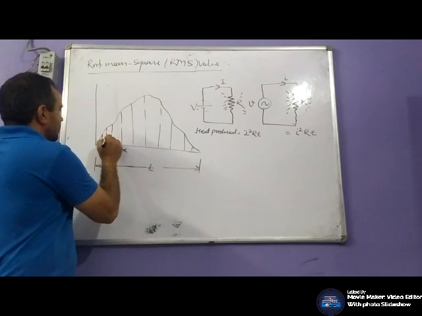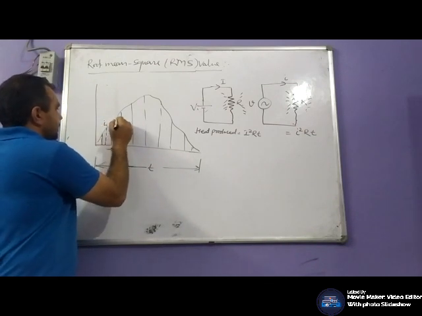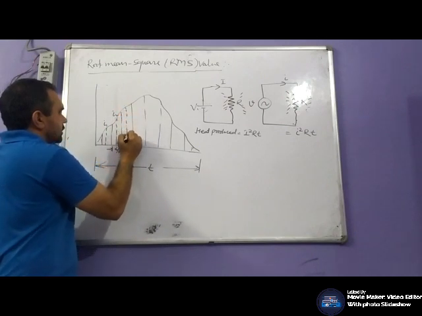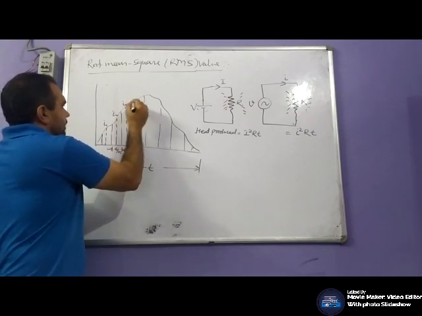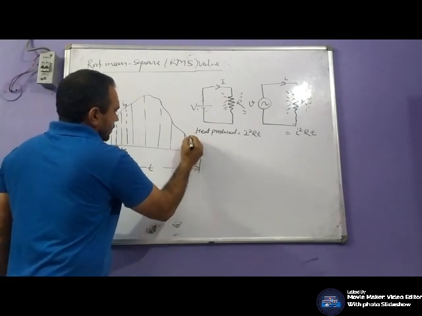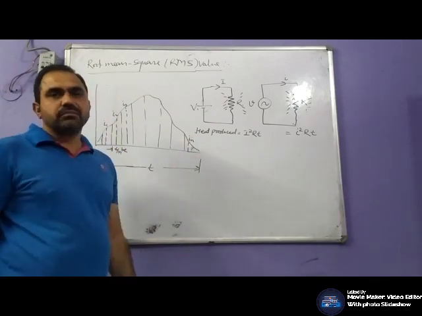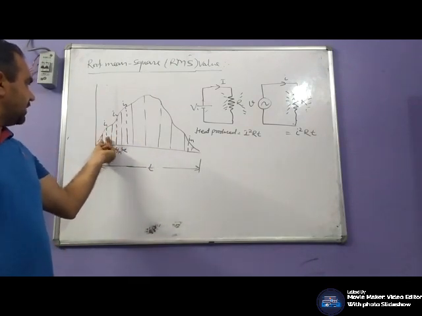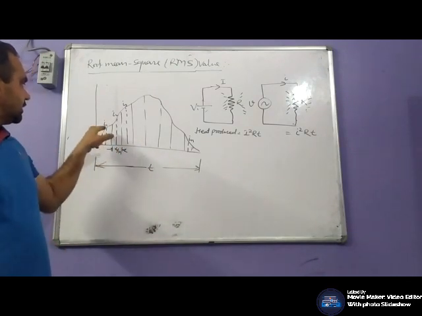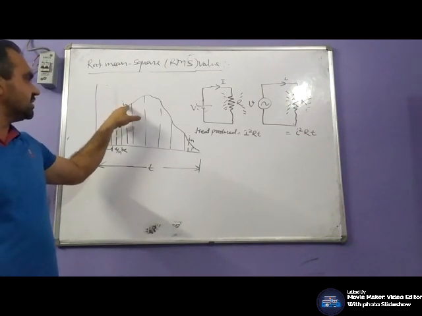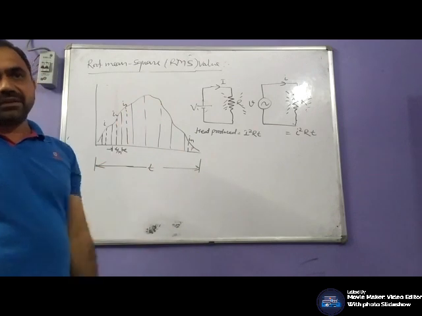Let I1, I2, I3 and so on, In be the mid ordinates of each section. The average value of each section would be I1, I2, I3 and In.